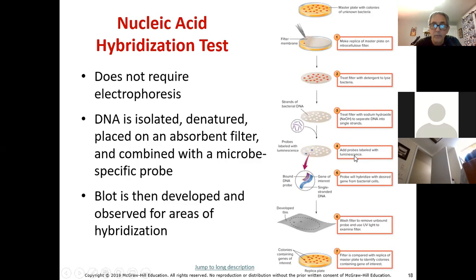You then add your probe with the luminescence, and the probe will hybridize with the desired gene. If the bacteria has the desired gene that matches the probe, you then develop this, and because it's fluorescent, it can be visualized under UV light, and you can identify the colonies that have the gene.